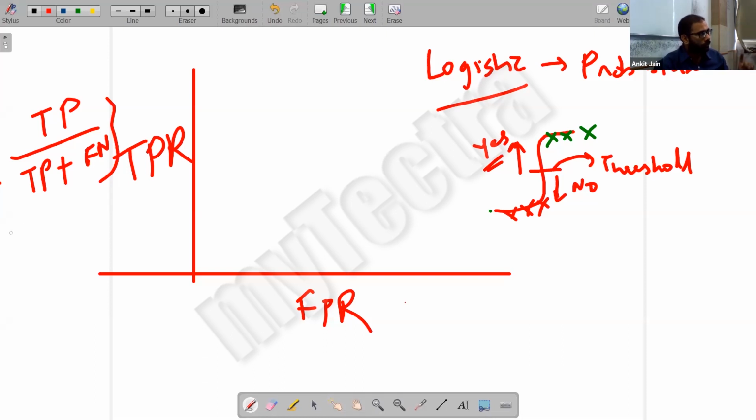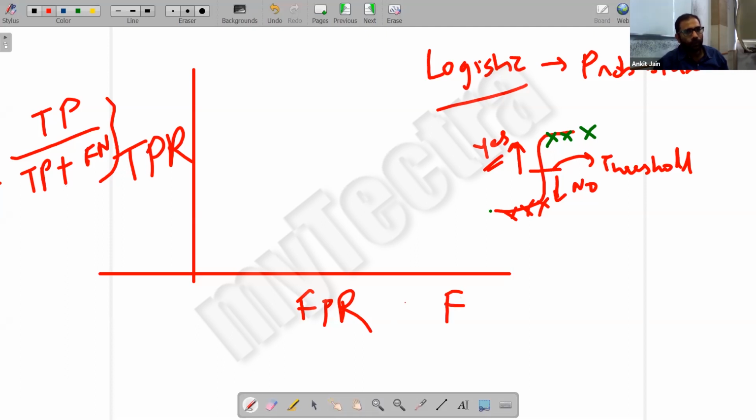Predicted as no. The second letter, N or P, is determined by the model's prediction. So negative means the model has said no. False means it was yes, but the model said no. So basically TPR is TP, how many you predicted correctly, upon how many you should have predicted correctly. TP plus FN means the total positives actually there in your data.